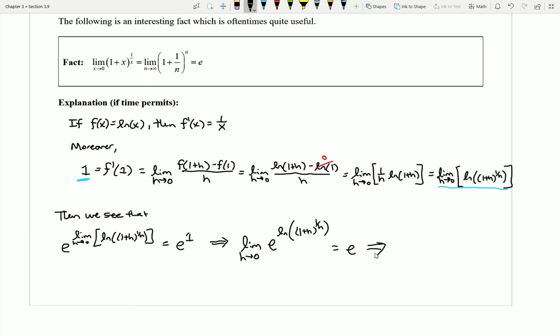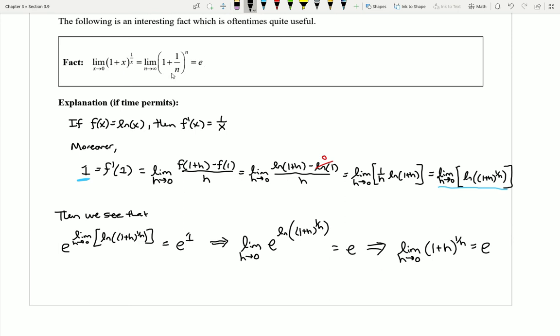But of course, in the very last step, if I have e raised to a power of a natural log, since those are inverse functions, they quote-unquote cancel out and really leave me with just my limit as h approaches 0 of, oops, sorry, the 1 over h isn't there. It's (1 plus h) to the power of 1 over h. And that should be equal to e. How cool is that? Notice that what I have right here is actually this limit right over there.